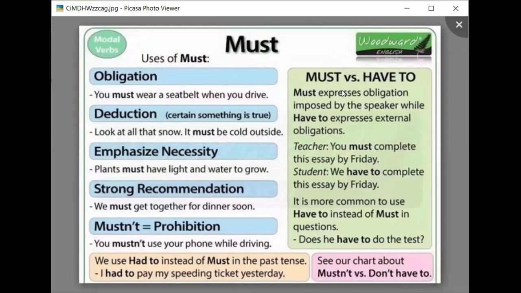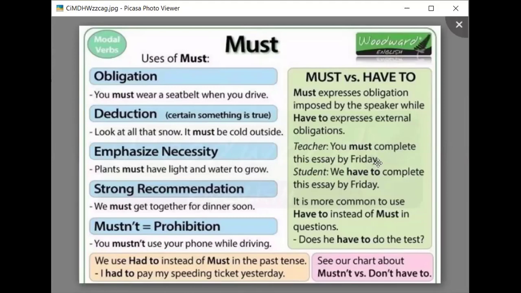Okay. So one thing that we need to understand here is what is the obligation imposed by the speaker and what is external obligation. Now here the note says that must expresses obligation imposed by the speaker, meaning here the teacher is imposing an obligation, and here have to shows external obligation. Student is using have to because this is an external obligation on the student.